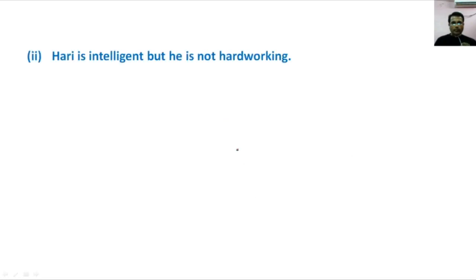Similarly, consider the second example. The second example says: Hari is intelligent but he is not hardworking. Again, while considering the solution, here the connective used is but. We have already seen that but is a substitute word for and.